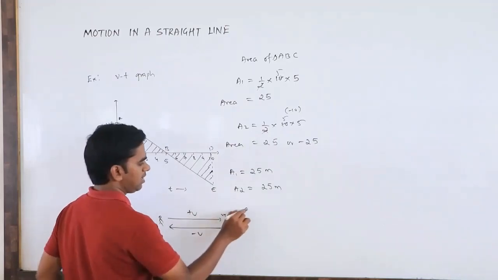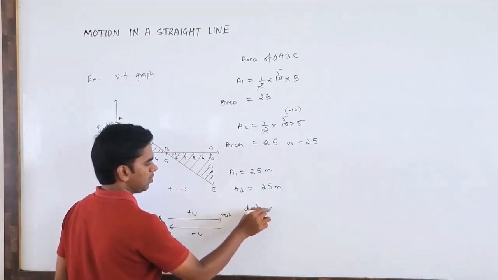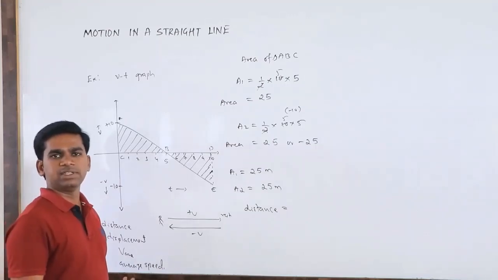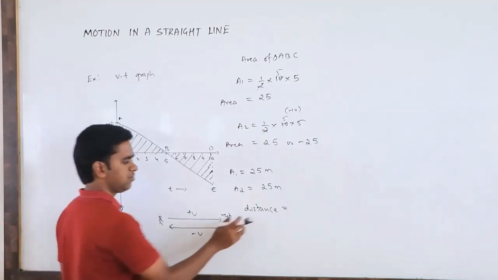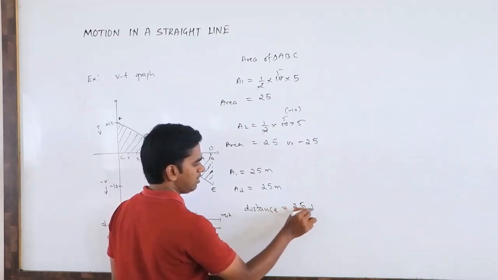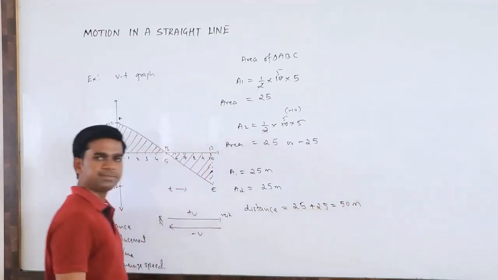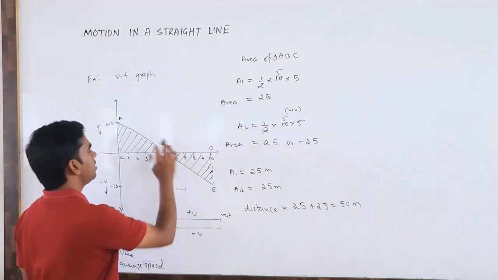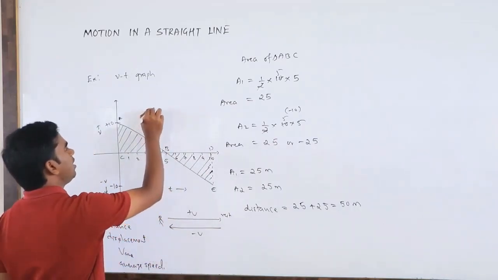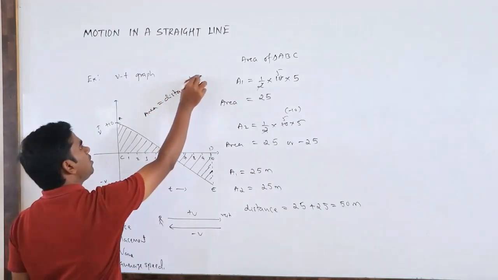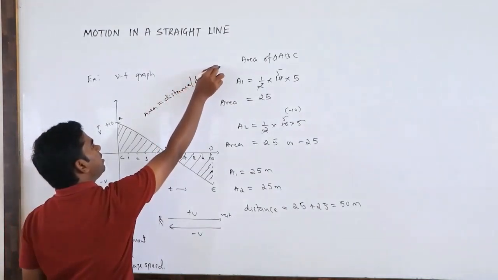If you want to calculate distance, the sign is not required because distance is not a vector, it is a scalar. So for distance you can do 25 plus 25, which becomes 50 meter. Yes or no? Because the area under the curve gives you either distance or displacement.